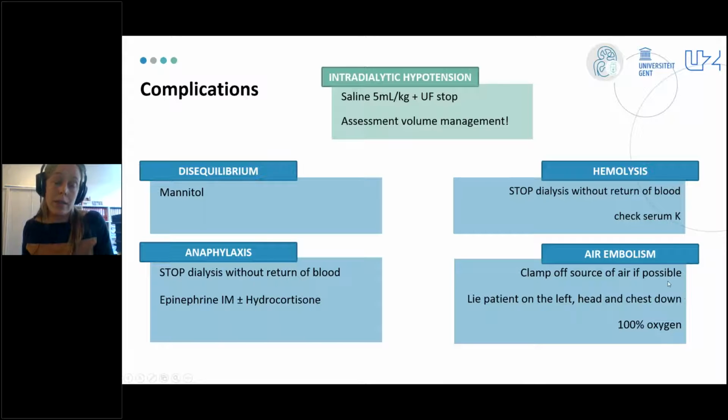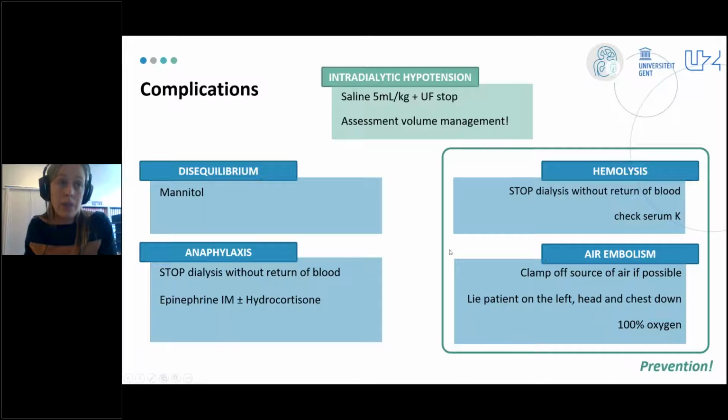Also, an important rare complication is air embolism. These patients are often critical and acutely sick with cough, chest pain, and shortness of breath. Clamp the source of the air if possible and turn your patient on the left side with head down. And I think especially for these last two, prevention is really key.